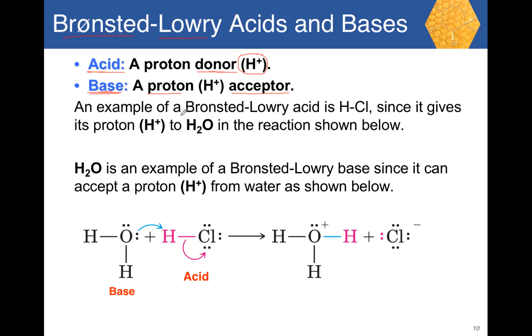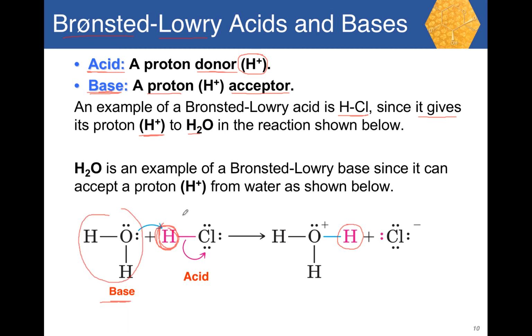So for example, a Bronsted-Lowry acid is HCl, as we know is an acid, since it gives up H plus to water. As we have seen before, here is water, H2O, here is HCl, this is the hydrogen, but now this hydrogen here is bonded to this water.